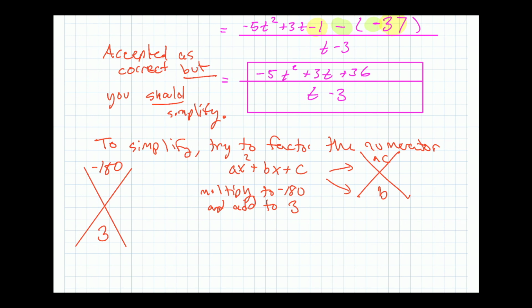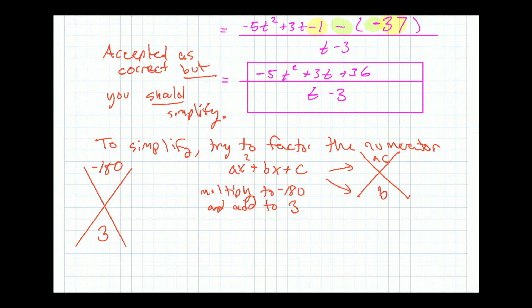That tells you a lot, because you're looking for numbers that multiply to 180, and there's not a lot of them that are going to do that. It'll be tough, but let's see if we can do it.